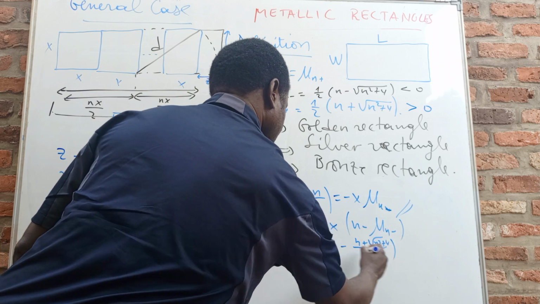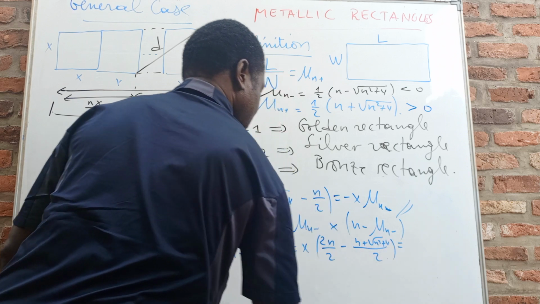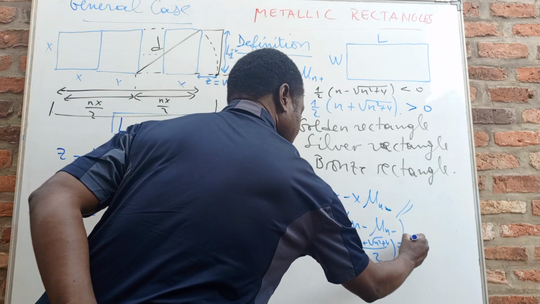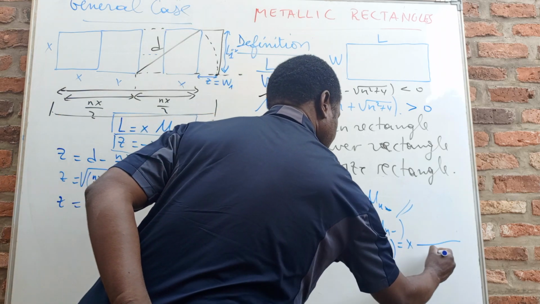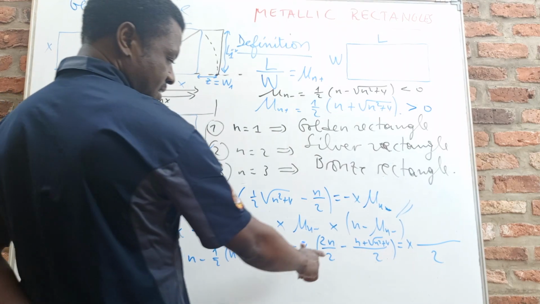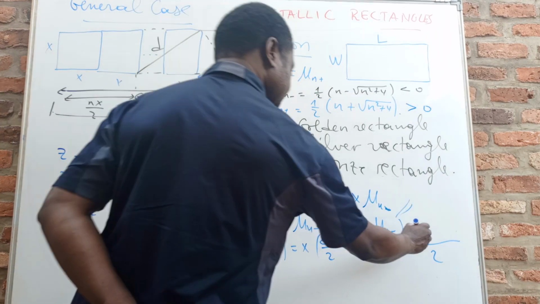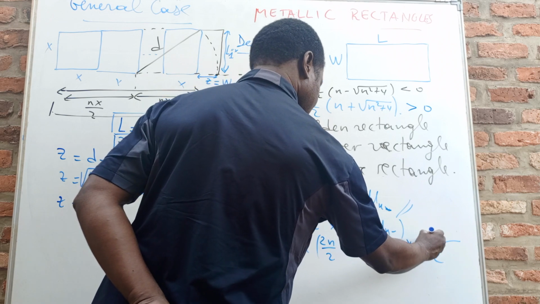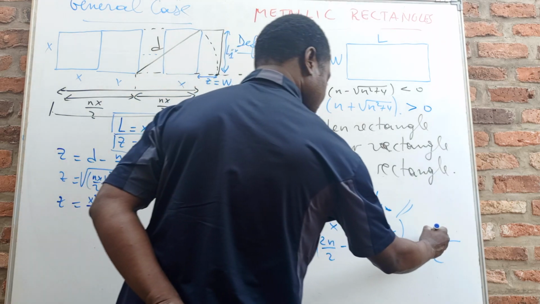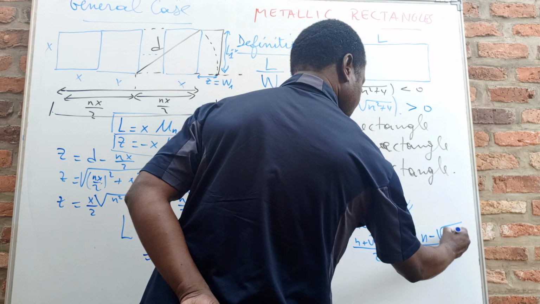Taking this difference gives x times something over 2, where n minus n cancels to 1 n.